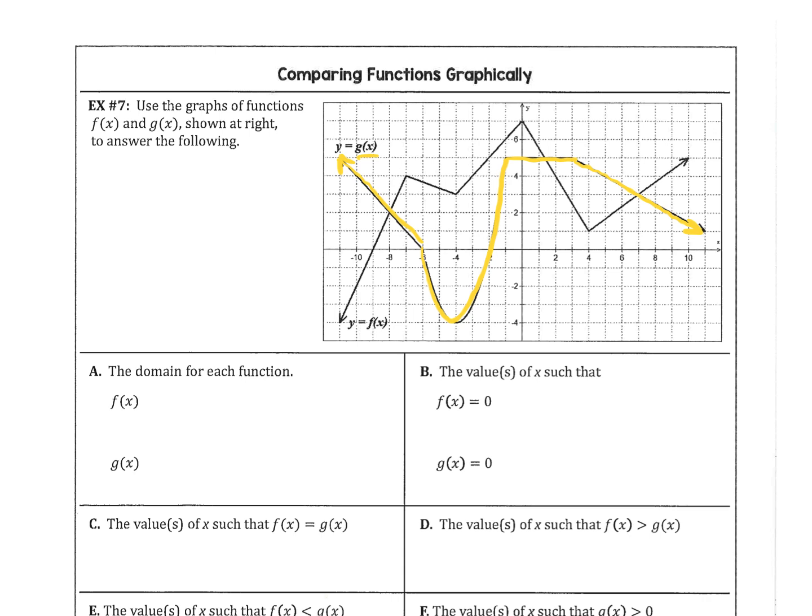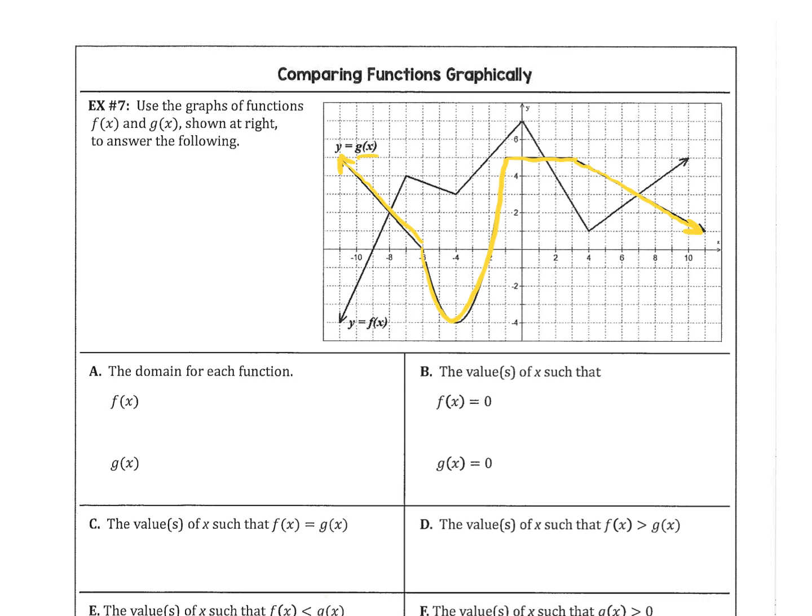All right. So the first thing it wants is the domain of each function. So what is the domain of this function, f of x? F of x is my black function, isn't it? All right, so left and right, what's the function doing?